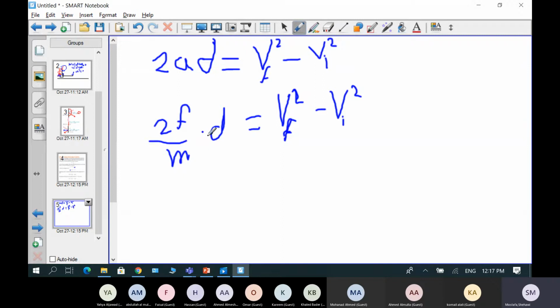So F multiplied by d is equal to work. Let's circle it. F multiplied by d is equal to work.